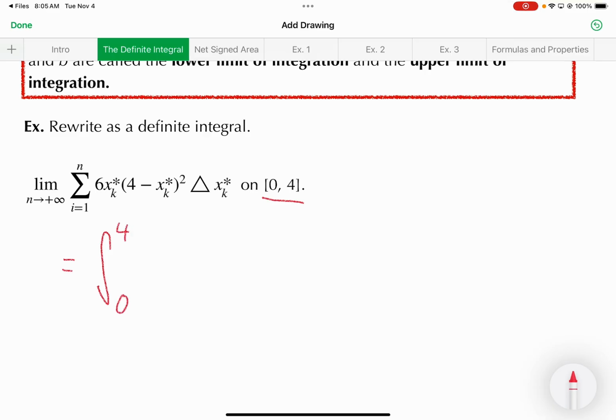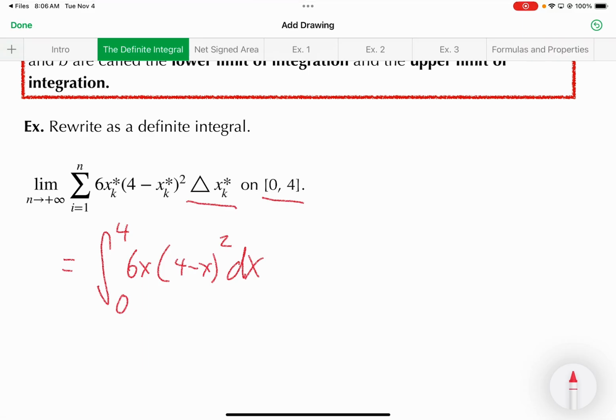And then inside of here goes what our function is going to be. Instead of x sub k star, we would just replace it with an x. So this looks like 6x times quantity 4 minus x to the second power. And then instead of delta x sub k star, we would just write dx.